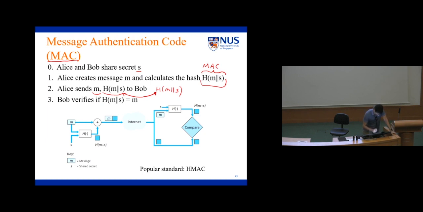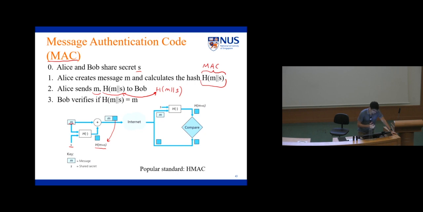So on the left side, we have the sender, or Alice in our case. Alice has the secret S, and Alice created a message. So Alice took the hash of the message and S, H of M plus S, or M concatenate S, doesn't matter. And then she sent both the message and H of M concatenate S over an insecure network, such as the internet.